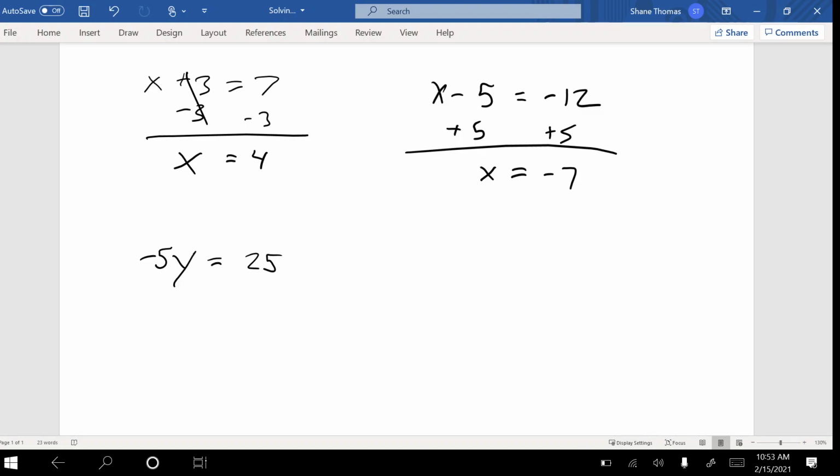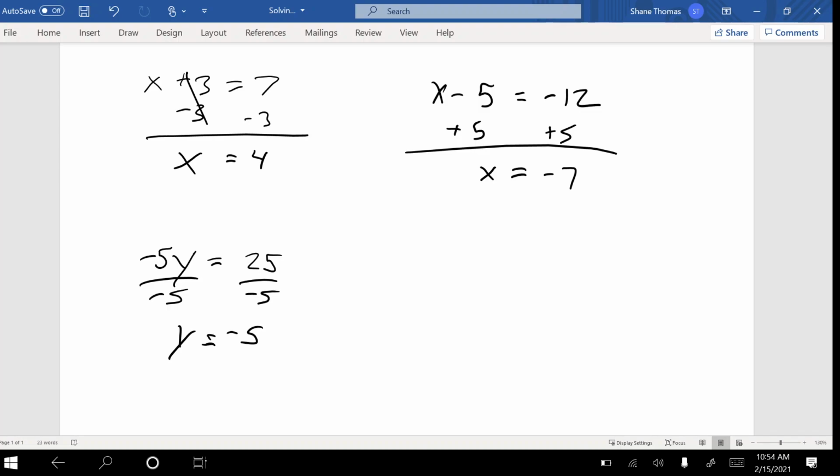Just because, try to mess you up. Y, just because that's how we do it. So we divide both sides by what? Negative 5. Divide both sides by negative 5, so y is going to be negative 5. There we go.